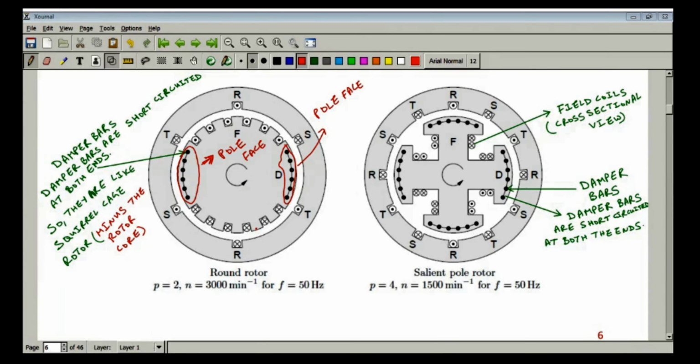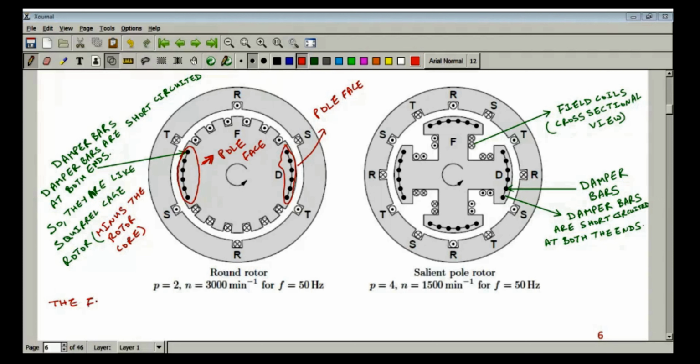Now, what is the function of the damper bar? Damper bars are there to damp out any kind of rotor oscillation, and rotor oscillation will come into picture if the rotor speed deviates from synchronous speed. So the function of damper bars is to damp out rotor oscillation.